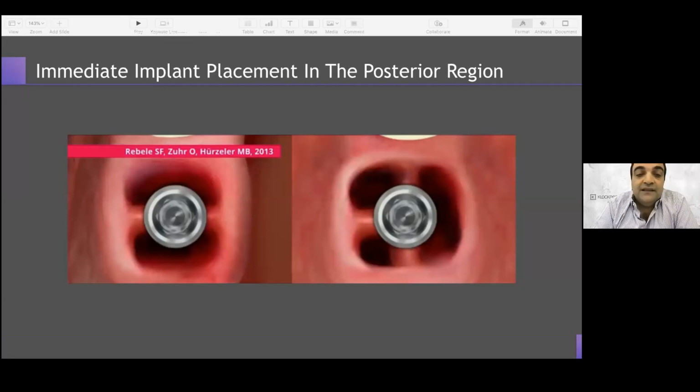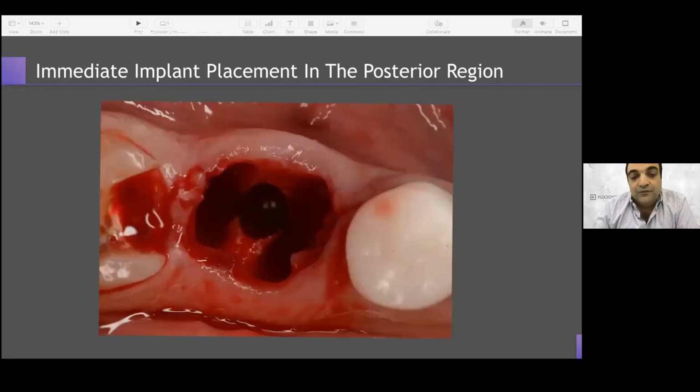This technique was also modified by our friend, Dr. Antoine, in Paris. And we are going to show you how we are doing our implant placement to easily prepare the site for our implant placement.